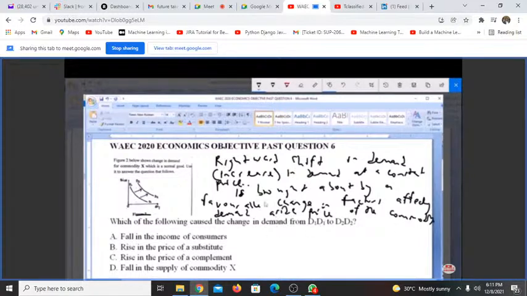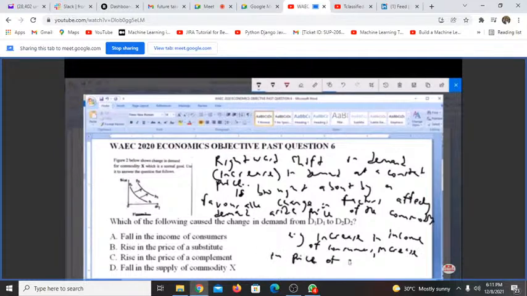Some of these factors could include an increase in the income of consumers or an increase in the price of a substitute.